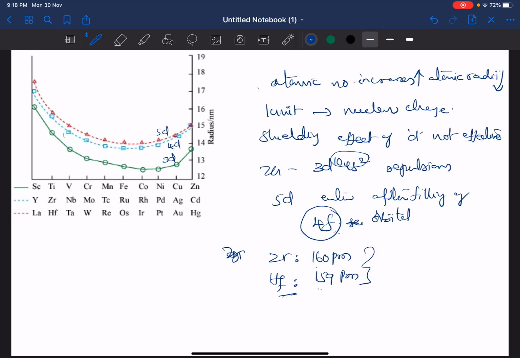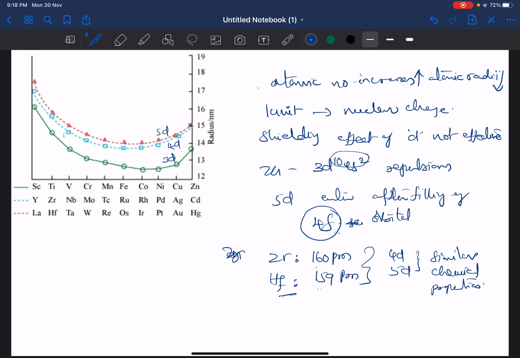That is the main reason for the similar atomic radii of the 4d and 5d series. So due to the similar atomic radii, they will show similar chemical properties also.